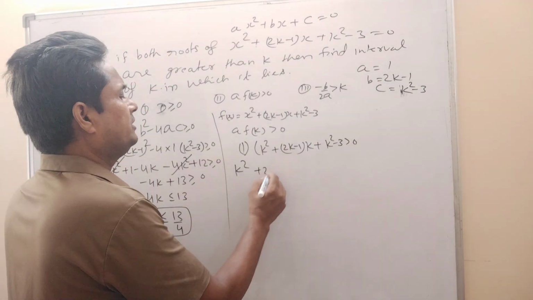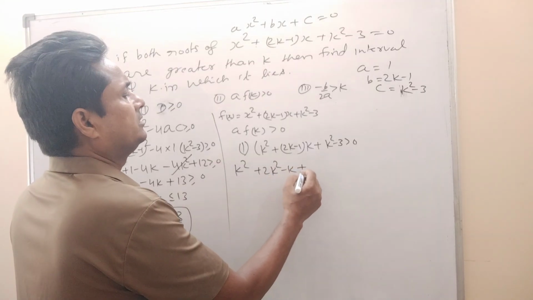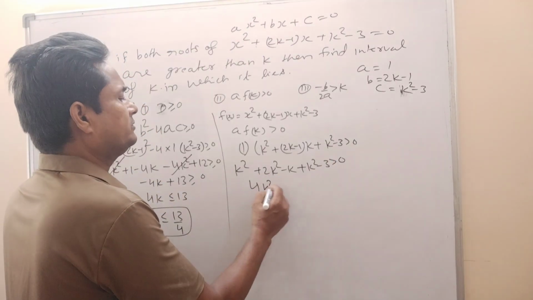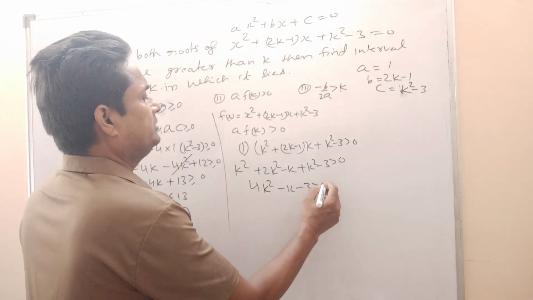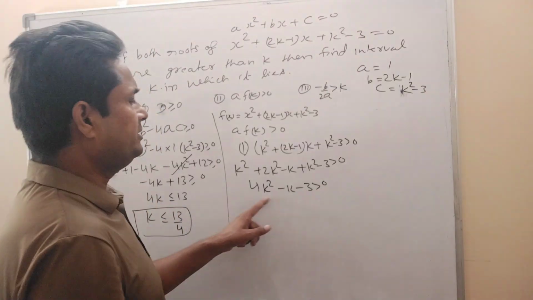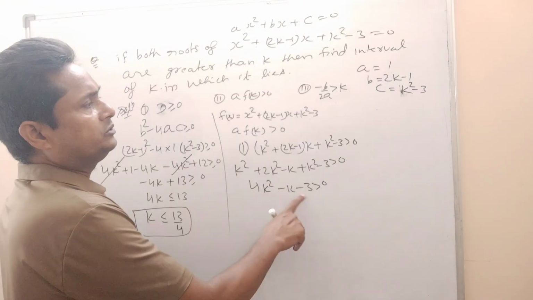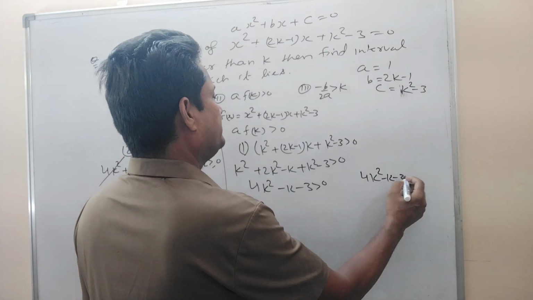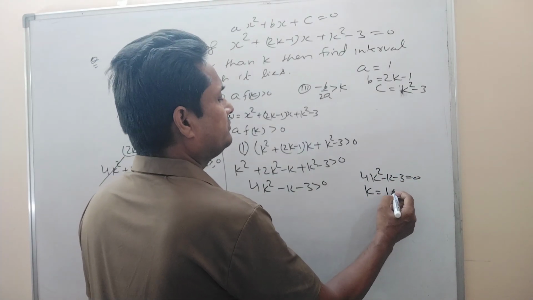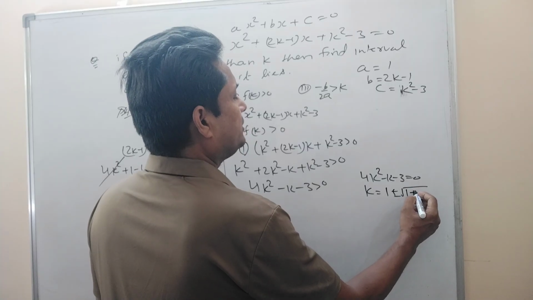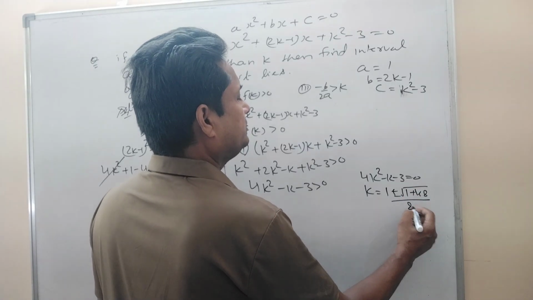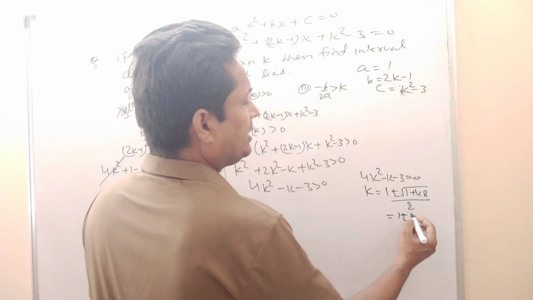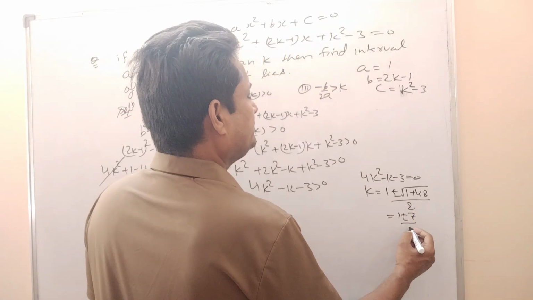So this will be k square plus 2k square minus k plus k square minus 3 greater than 0. So it will be 4k square minus k minus 3 greater than 0. Now find out its roots. 4k square minus k minus 3 is equal to 0. So k will be 1 plus minus under root of b square minus 4ac, divided by 2a, by the discriminant method. So it will be 1 plus minus 7 divided by 8.